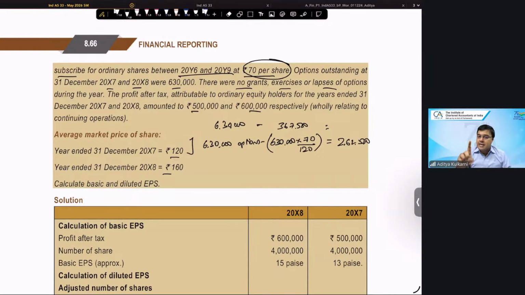Can I call them potential equity shares in that case? No, sir.